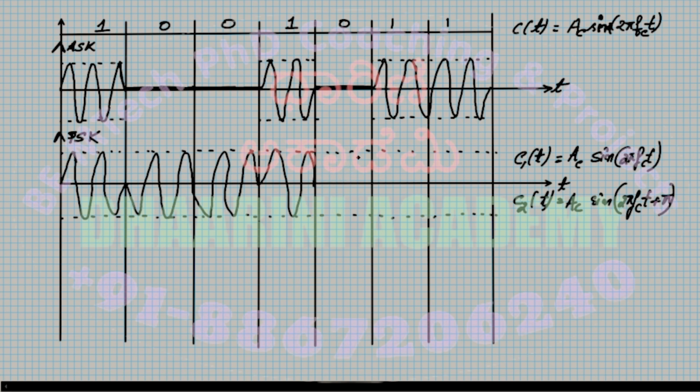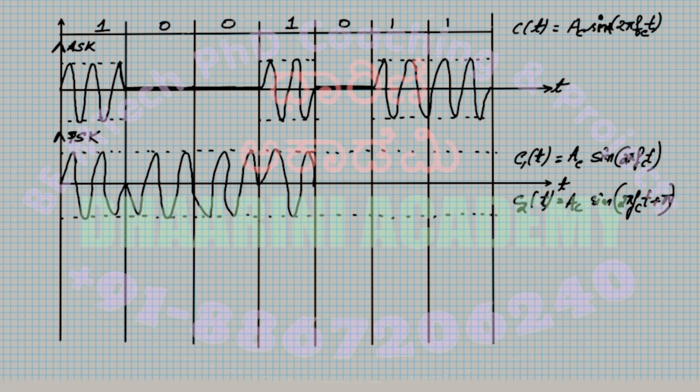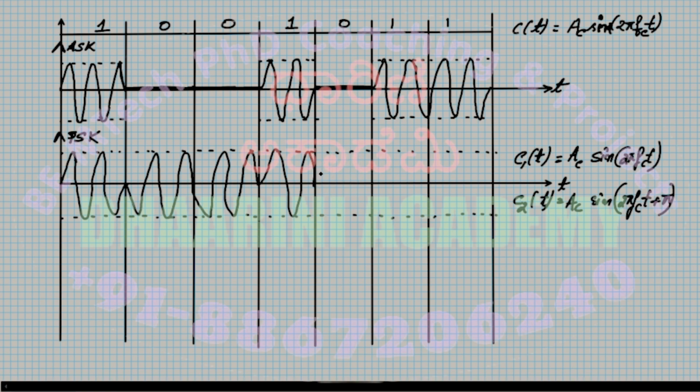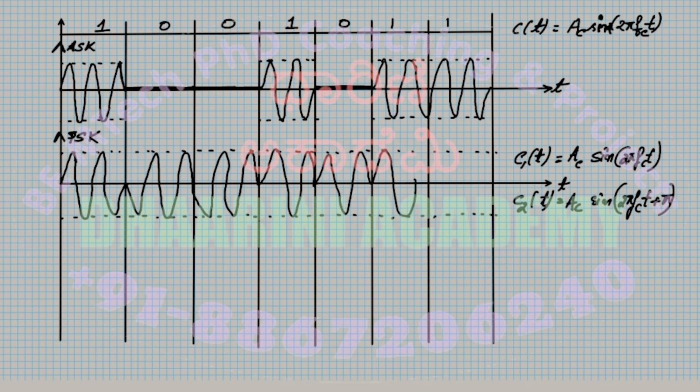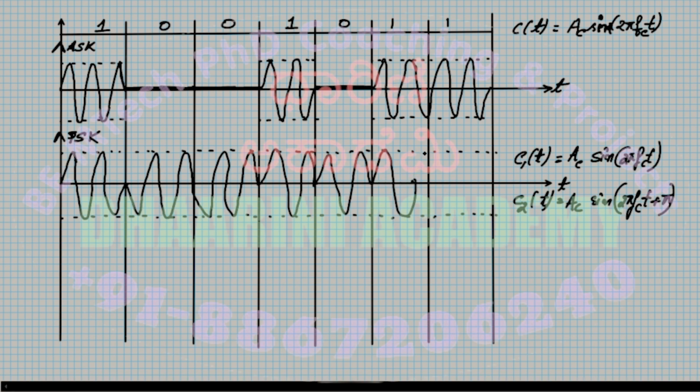So whenever you have a change of symbols from 0 and 1, you need to make sure that you are changing the phase. Now I have 1, so this changes. Now I don't. Now you don't have to change. So there is no change of phase, right?